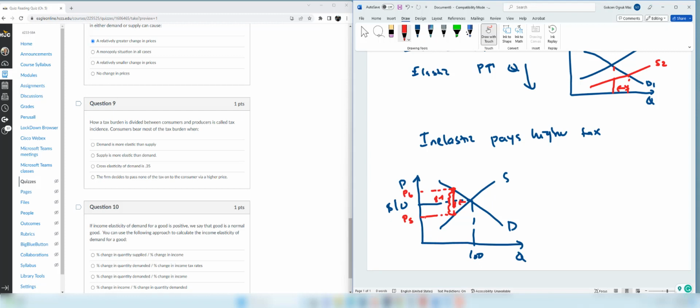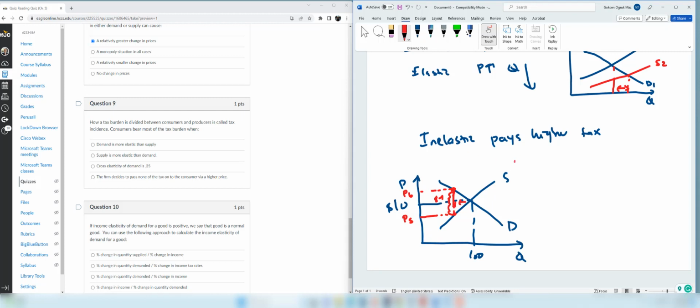So as you see, with the tax introduced in this market, buyers pay a higher price and sellers receive less compared to a situation where there is no tax. But here the question is, how much of this tax is paid by buyers and how much of this tax is paid by sellers?